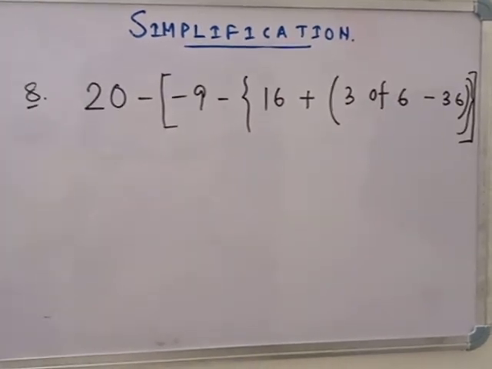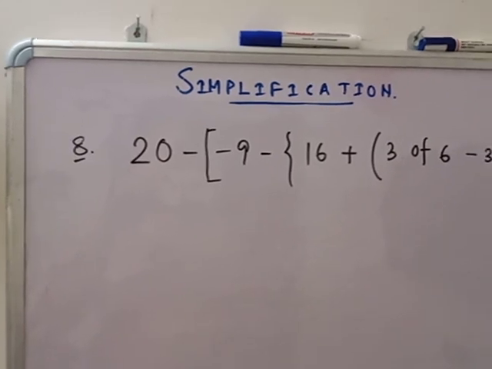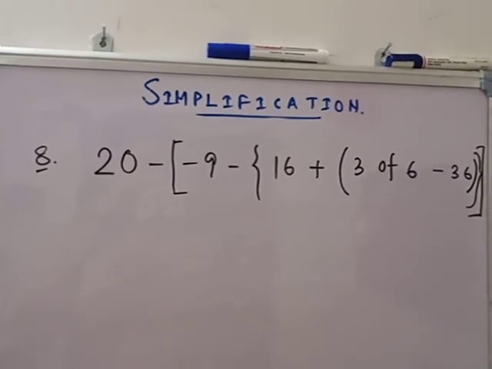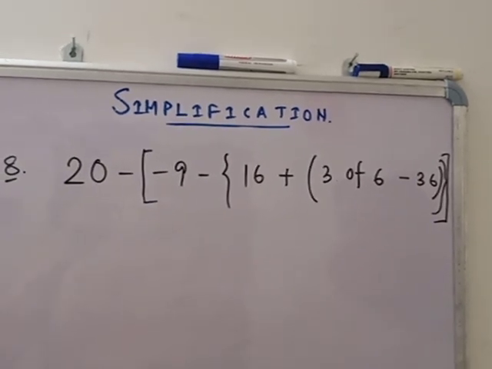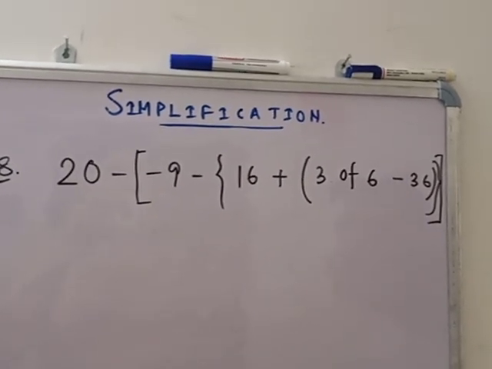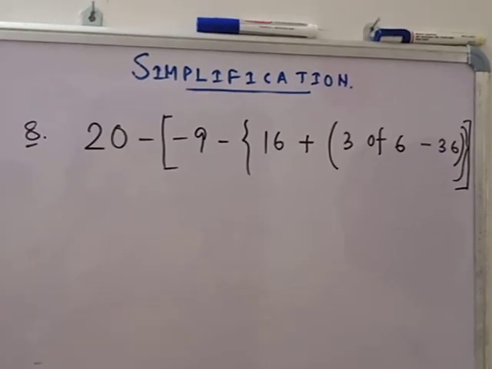Next problem, number 8: 20 minus, within third bracket, minus 9 minus, second bracket open, 16 plus, first bracket open, 3 of 6 minus 36. Then first bracket close, second bracket close and third bracket close.